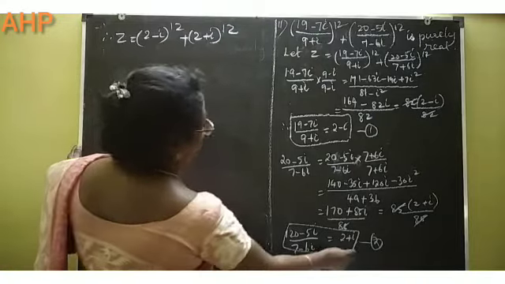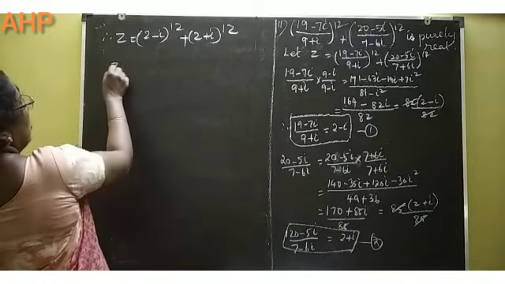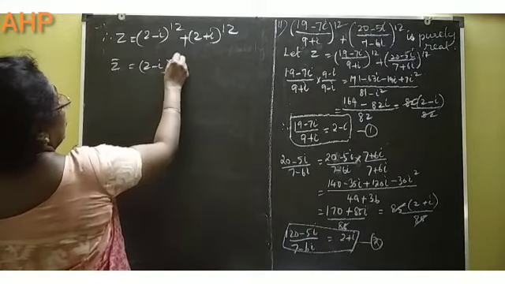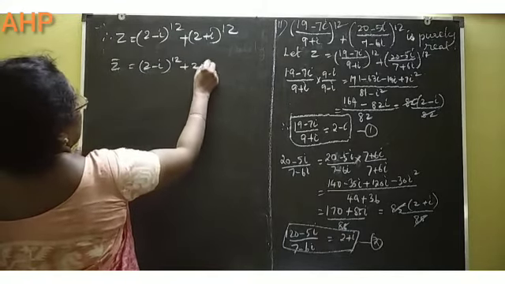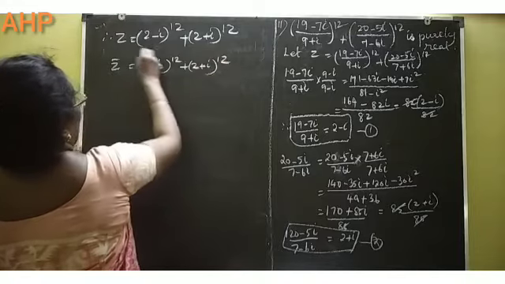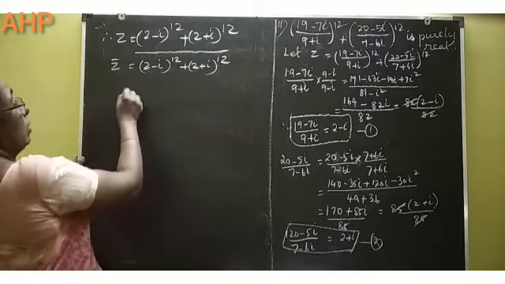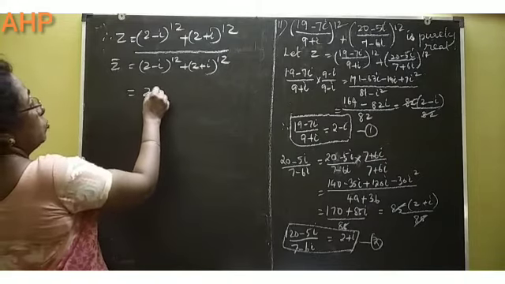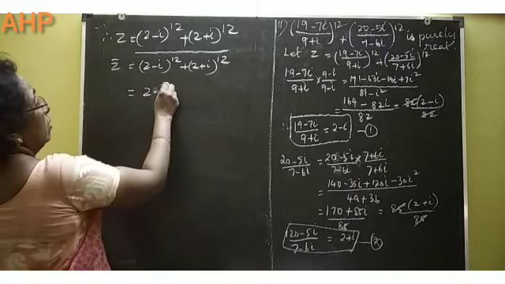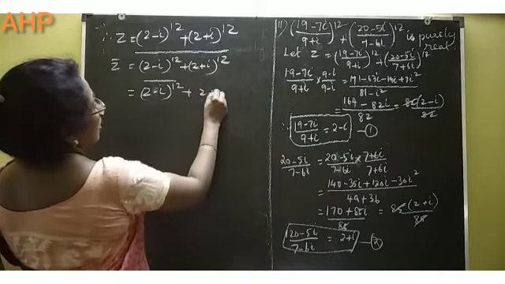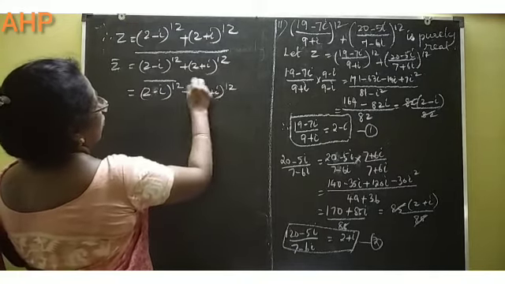So we are going to find out z bar. So z bar is equal to ((2 minus i) the whole power 12 plus (2 plus i) the whole power 12) the whole bar. If this can be written by using the property, we can separate it. This becomes ((2 minus i) the whole power 12) the whole bar plus ((2 plus i) the whole power 12) the whole bar.